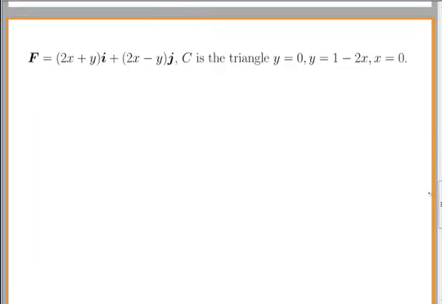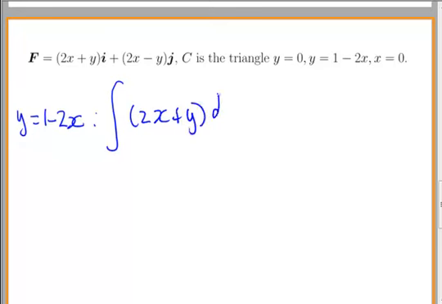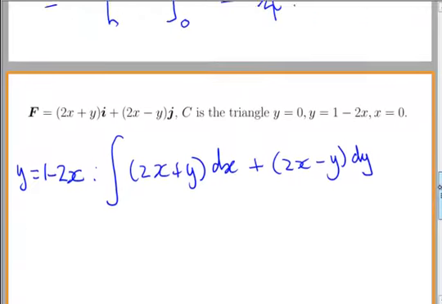The next side of the triangle is y equals 1 minus 2x. So again, we've got our integral 2x plus y dx plus 2x minus y dy. Let's again go back to our triangle to see what the limits of integration are.